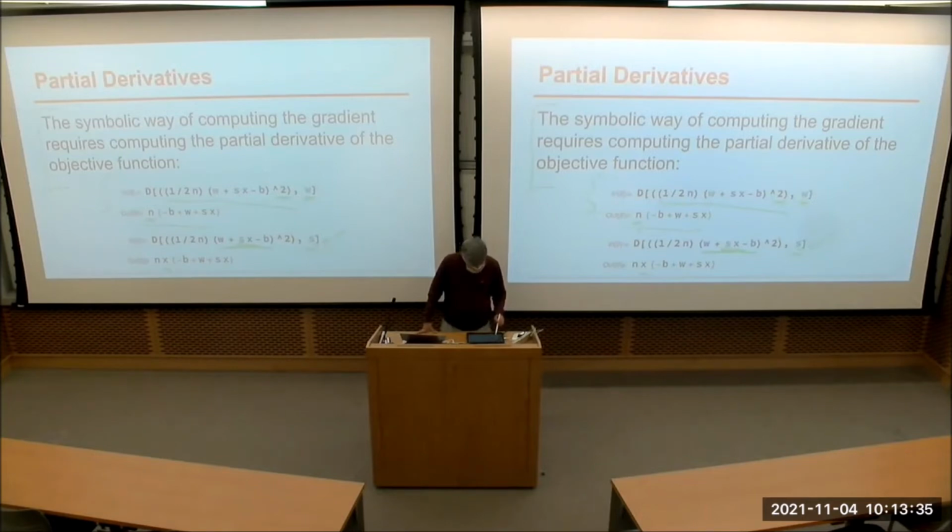Bottom line is, derivatives, as we remember, tell you what the slope was, the rate of change at a point. Partial derivatives tell you what the rate of change is at every dimension of that point. By computing partial derivatives symbolically, this gives you a way of computing which direction is down from a particular point. Any questions?